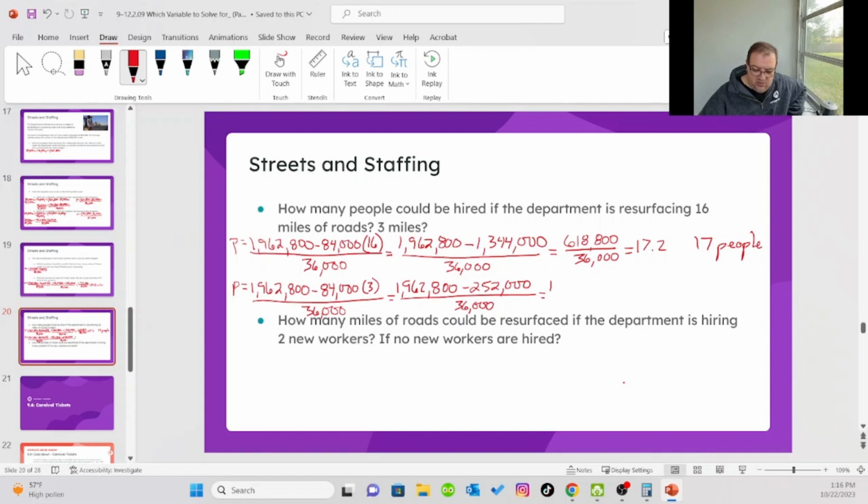That would leave us with $1,710,800 to spend on people at $36,000 per person.